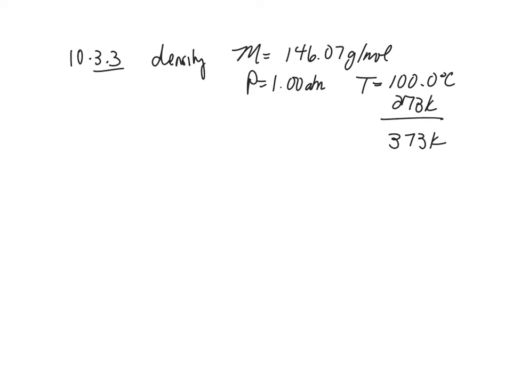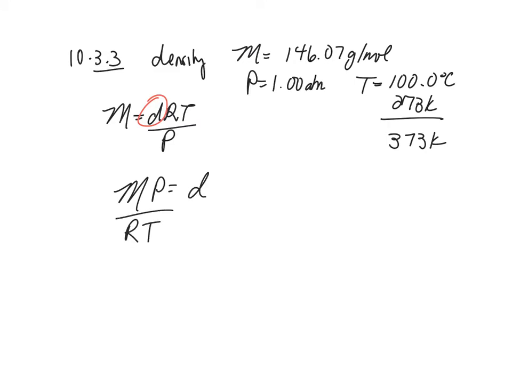Now, like I said, I'm going to give you this equation where M equals dRT over P. I call it my dirty P. And we're going to solve for density, so we're going to solve for that little d. And so we have M times P equals d, and this is all over RT.